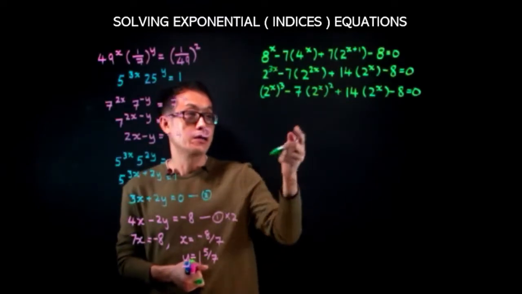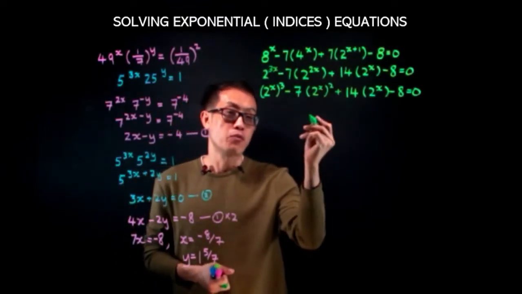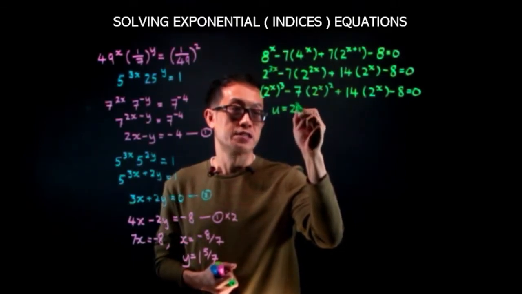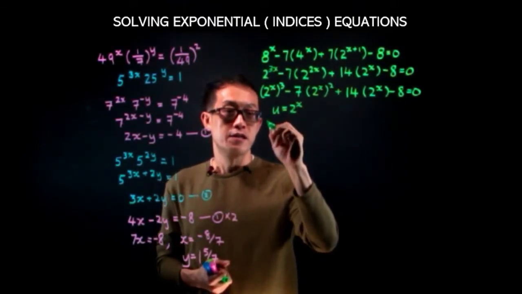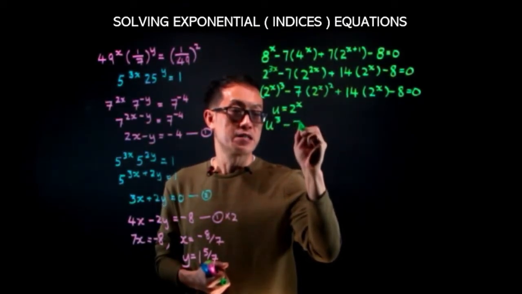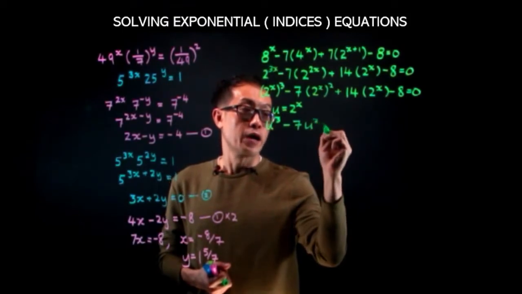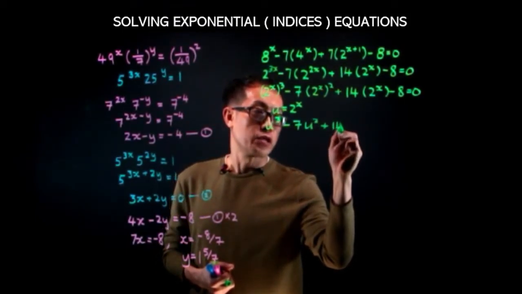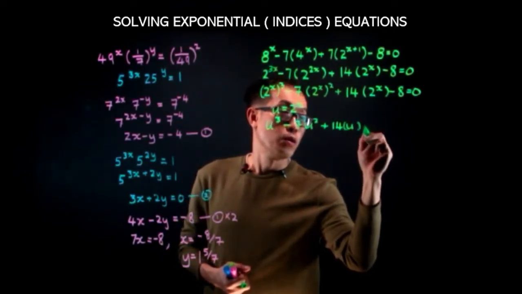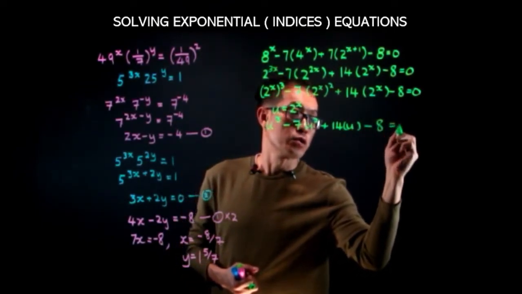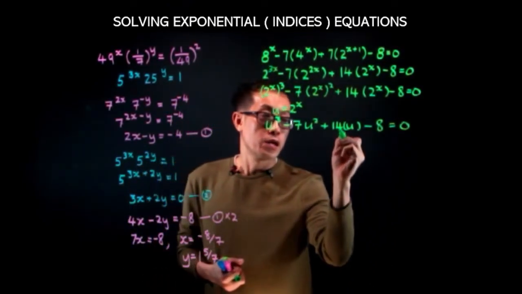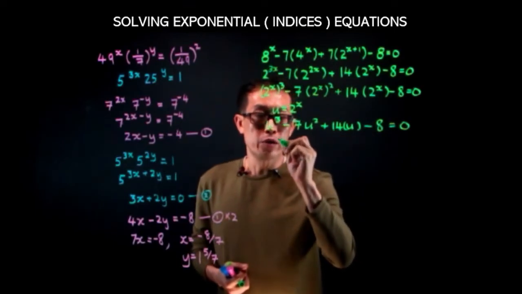So let's try. Perhaps you just let u equals to 2 to the power x first. Alright, it's easier to see. So this will become u to the power 3 minus 7 u squared plus 14 u minus 8 equals to 0. Now, you put u equals to 1, alright?